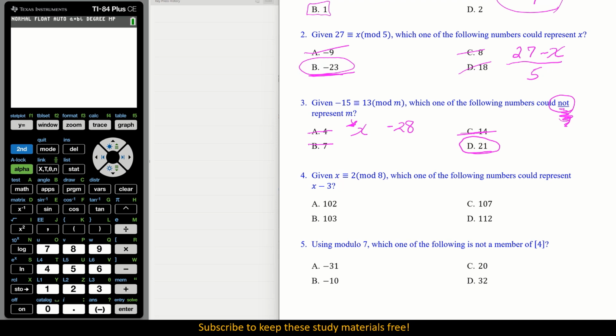Number 4, given x is congruent to 2 mod 8, which one of the following numbers could represent x minus 3? Okay, this tells us that the values we have is 3 less than the value of x. So in order to actually put this in the calculator and look at the correct values, we need to add 3 back on to each one of these.